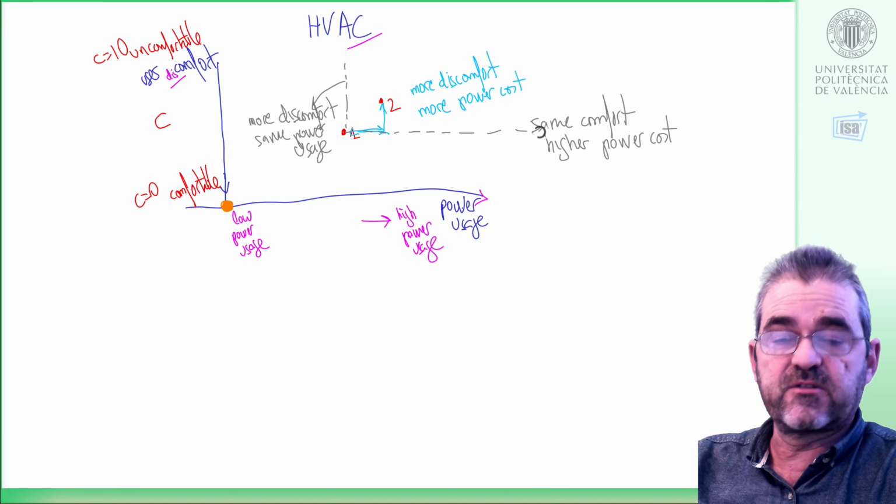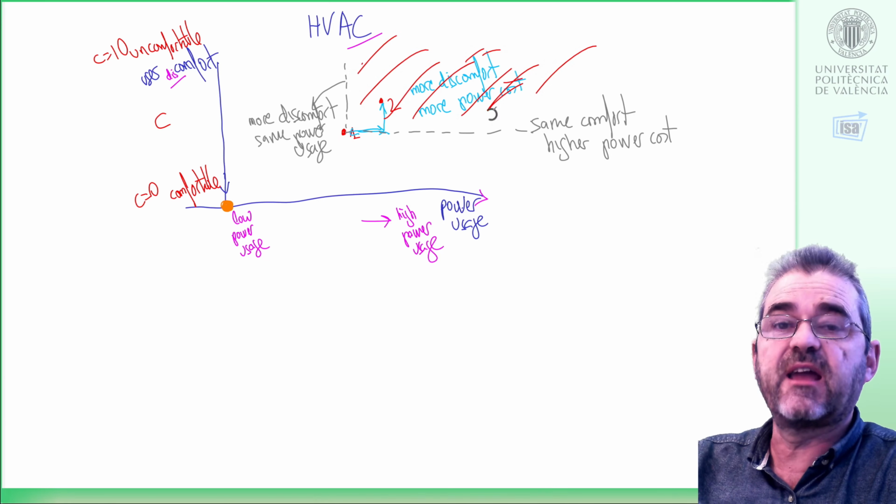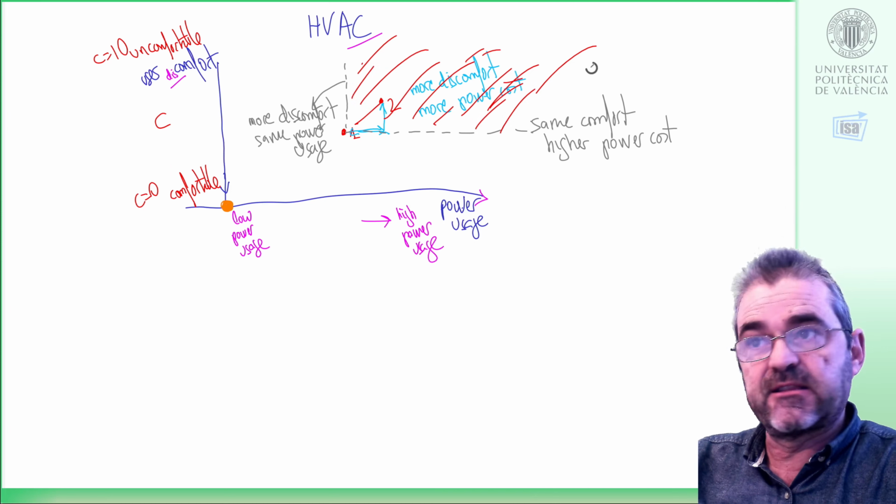So I will not choose any design alternative above 1 in the vertical line, or at the right hand side of 1 in this horizontal line, or as we discussed with 2, we would not choose anything in this region that I strike out in red.